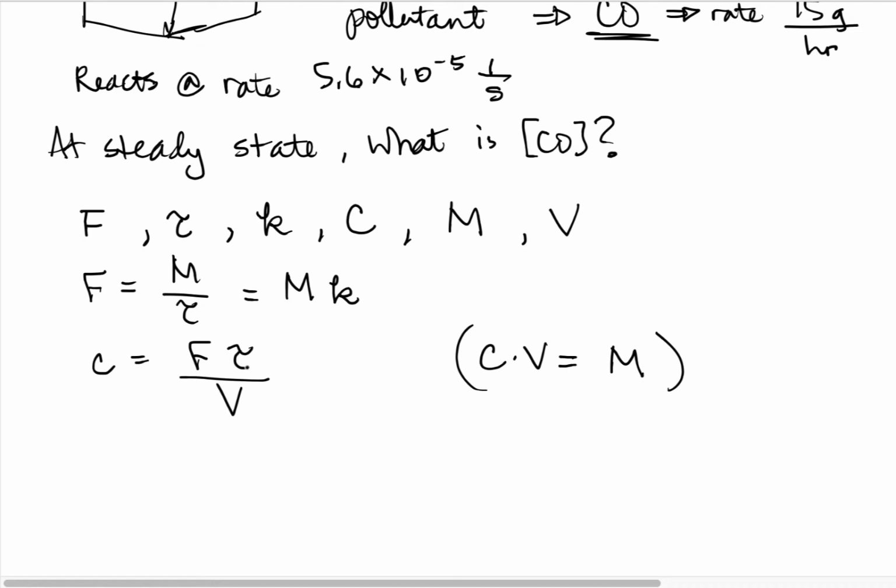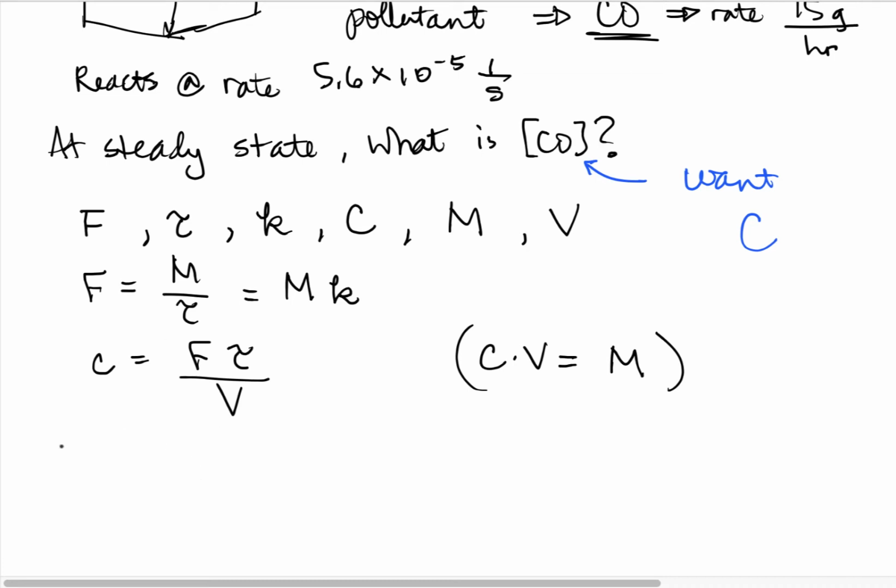So if we want to know the steady state, then what we're really asking for is the concentration, the amount of carbon monoxide we have in our garage. So we want C. Okay, so let's think about those numbers that we have.